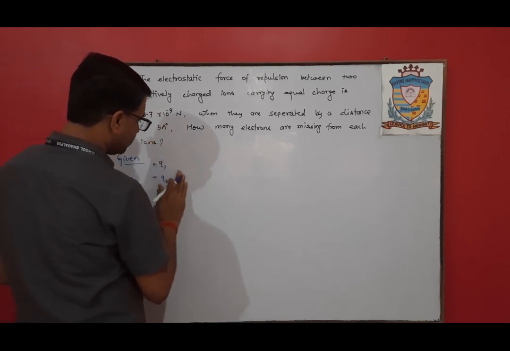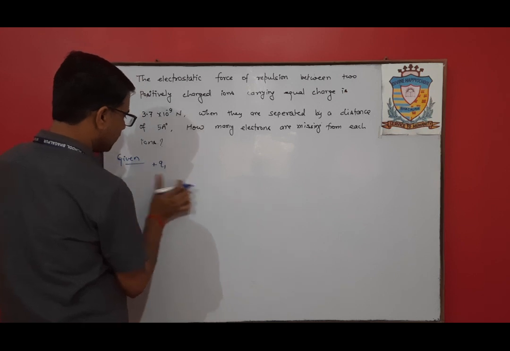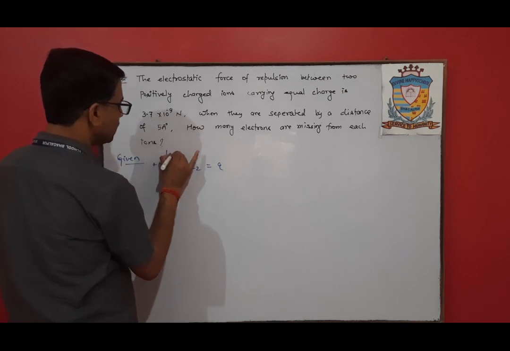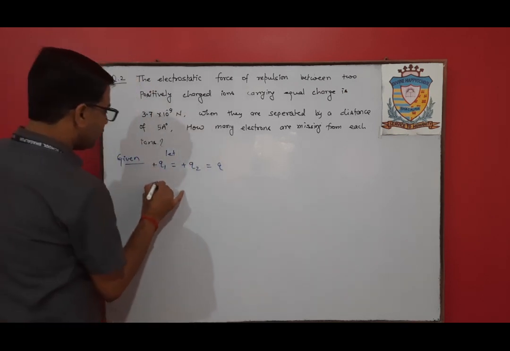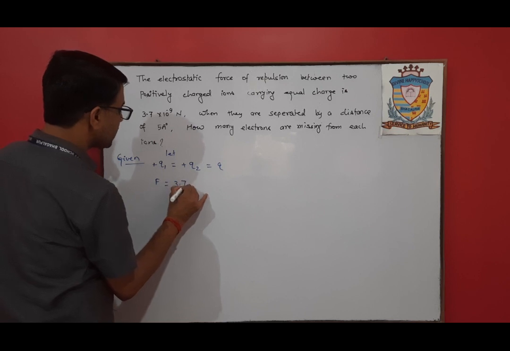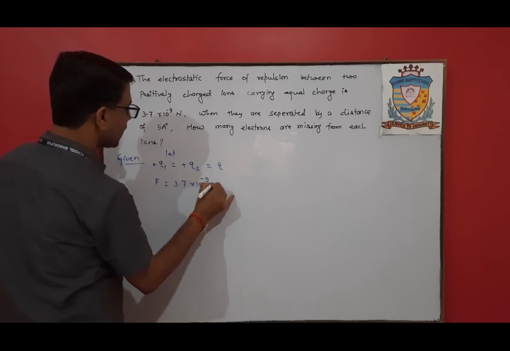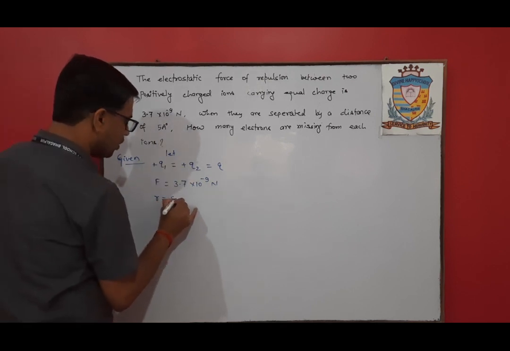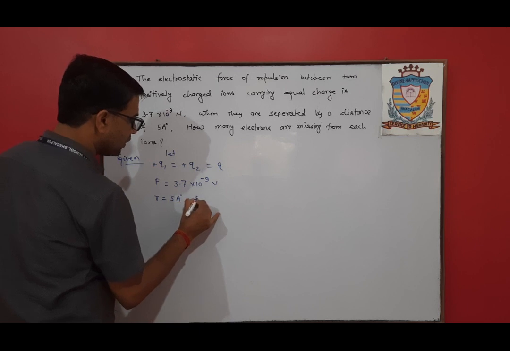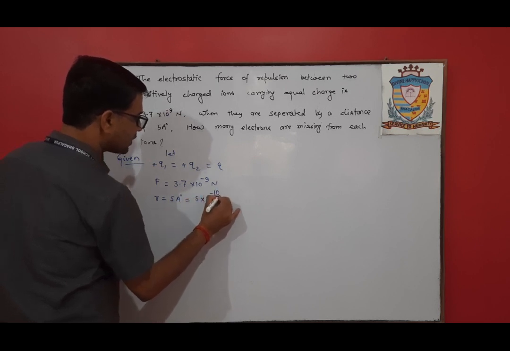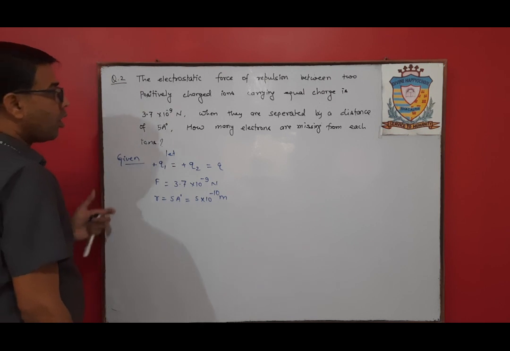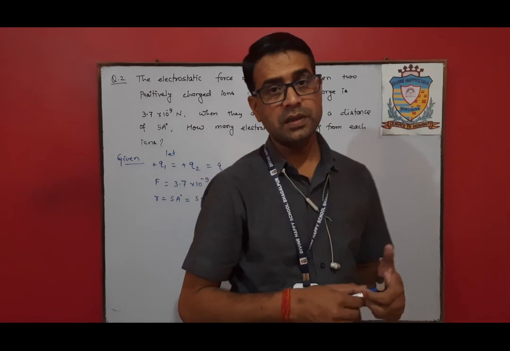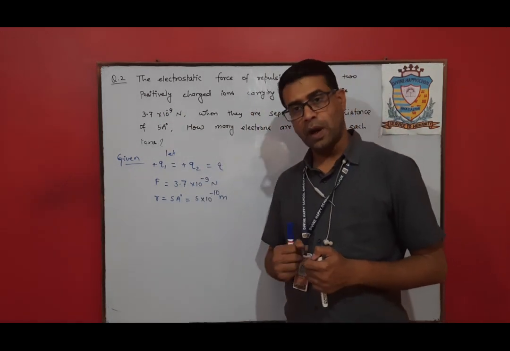Let Q1 is equal to Q2 is equal to Q, having the force F is equal to 3.7 into 10 to the power minus 9 Newton. They are separated by a distance R is equal to 5 angstrom, which means 5 into 10 to the power minus 10 meter. So how many electrons are missing from each ion? That means the question wants the value of n.